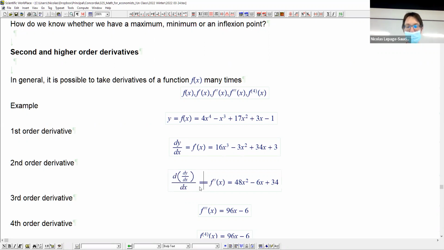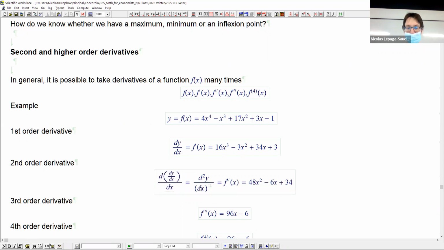So what I would get is d squared y over dx dx, but then I write it just dx squared. All right, so this is perfectly fine too. It's actually somehow more precise, because here we really keep track of everything that we did.